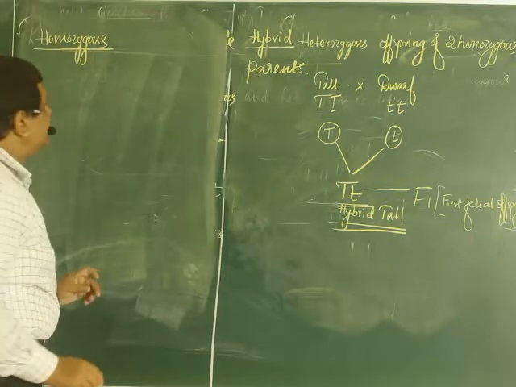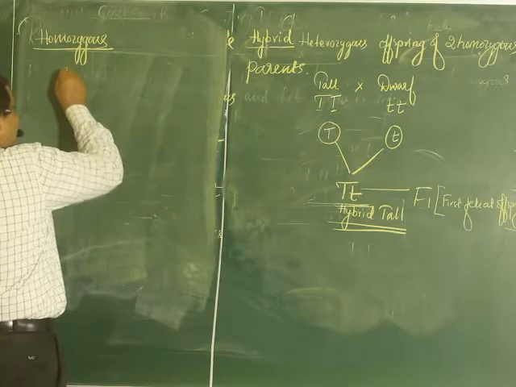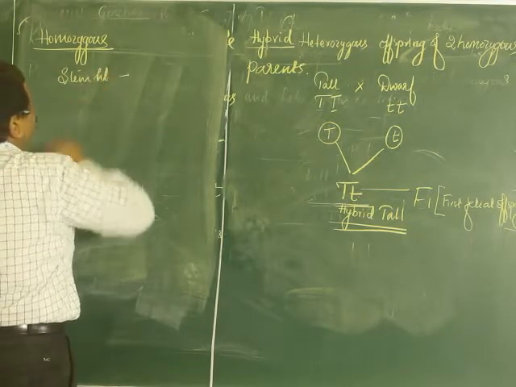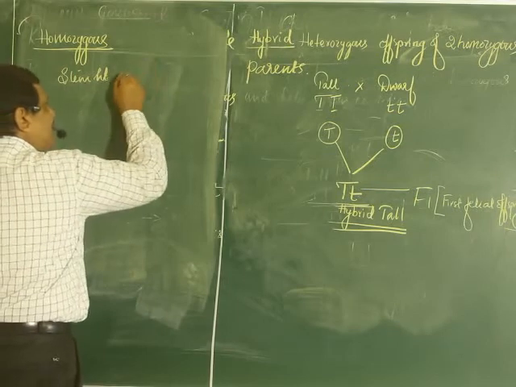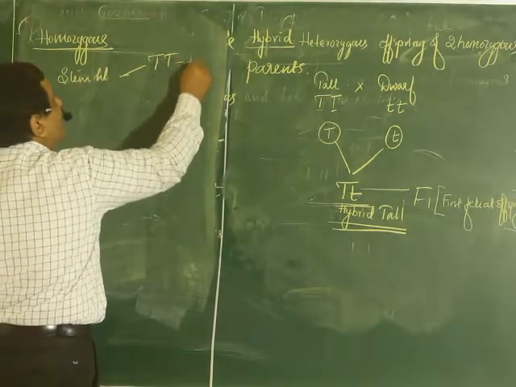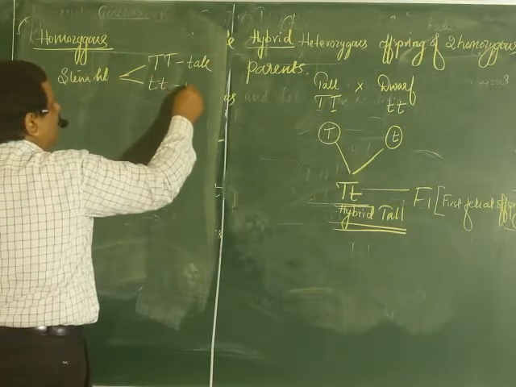What is homozygous? If two alleles are there to represent one character, stem height. We can represent stem height as capital T, then it will become tall. Small t, then it will become dwarf.